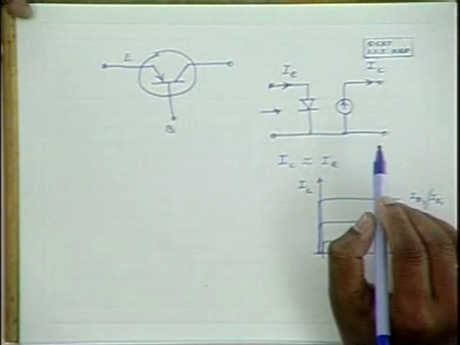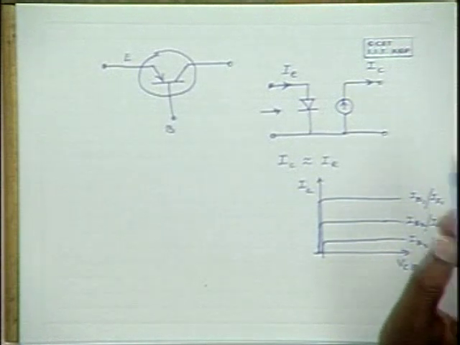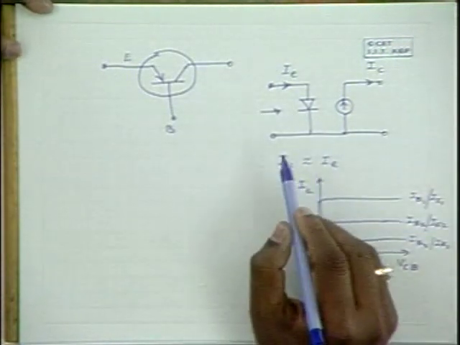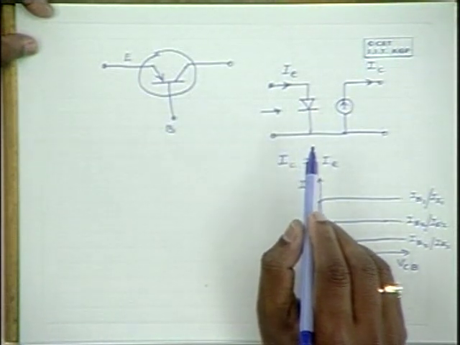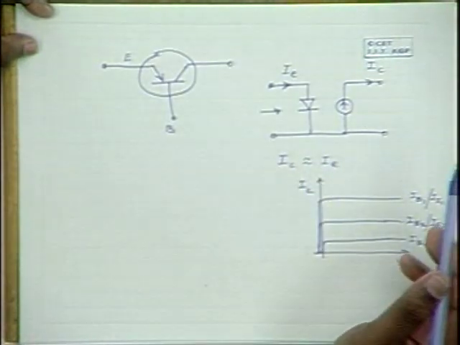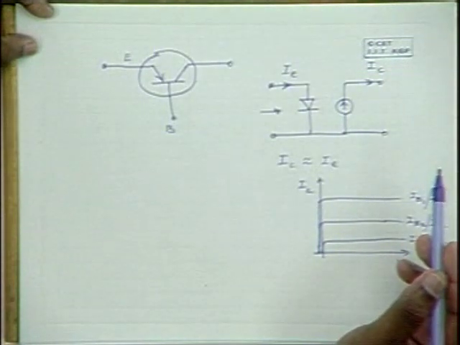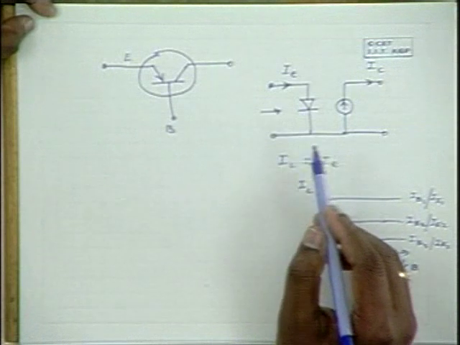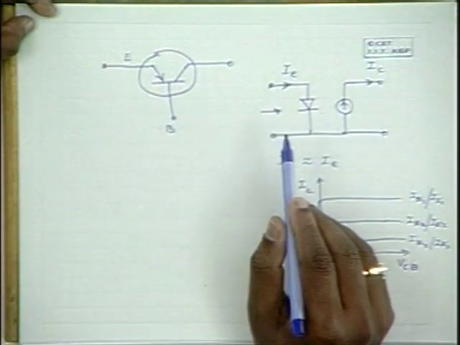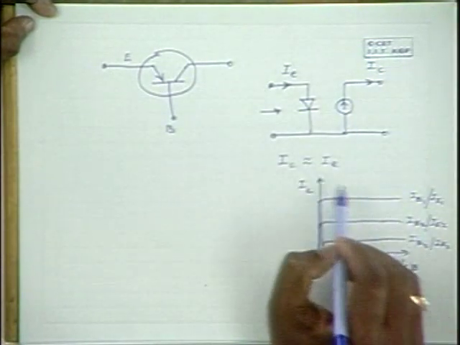Now from this model, we can easily derive the information regarding how much impedance it offers, and how much gain it offers, and so on. Now let us derive expressions for these from this model.